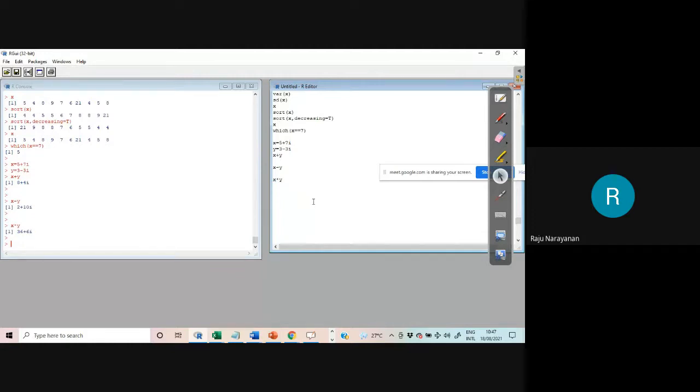You know how to multiply two complex numbers. What is the real part of x? Re for real. Imaginary part, Im. Real part is 5. Imaginary part is 7.